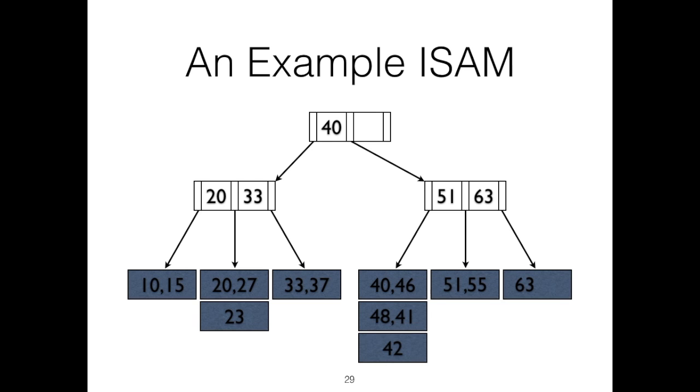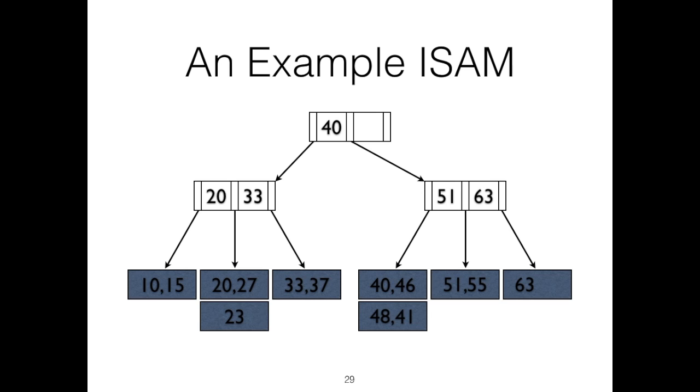And let's say I also wanted to delete that 42 I just inserted. Could I do anything at that point that would make my life easier? If the page suddenly becomes empty, I can get rid of it just as easily. All right.